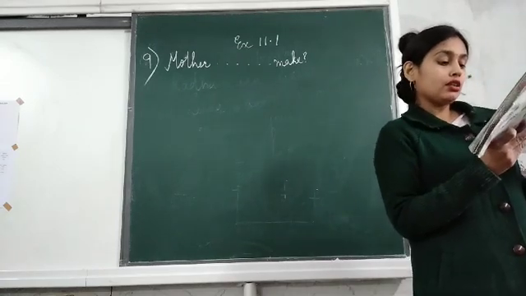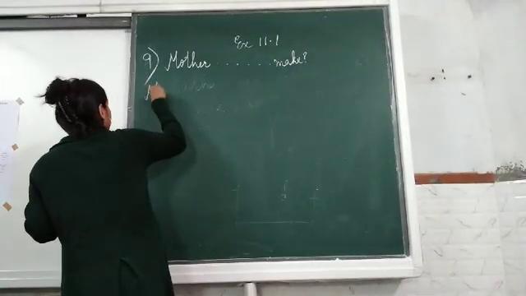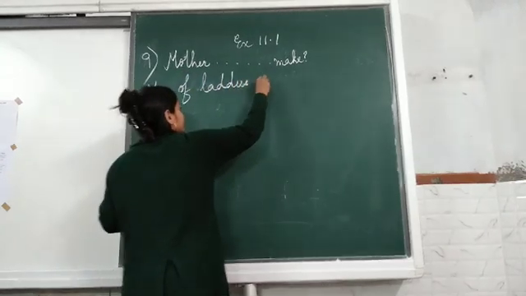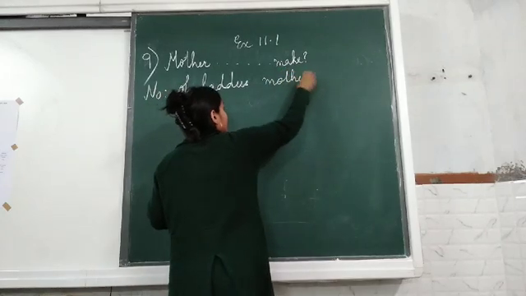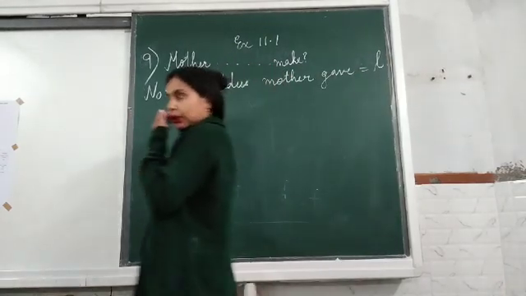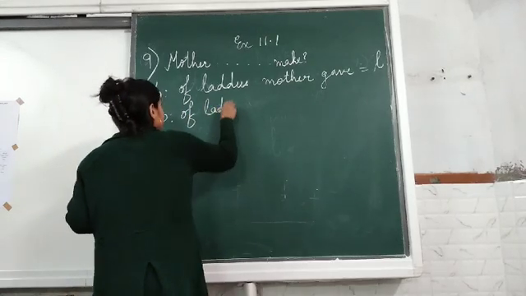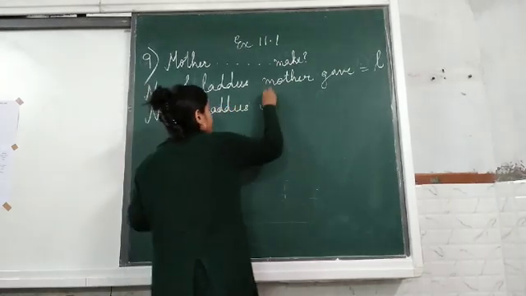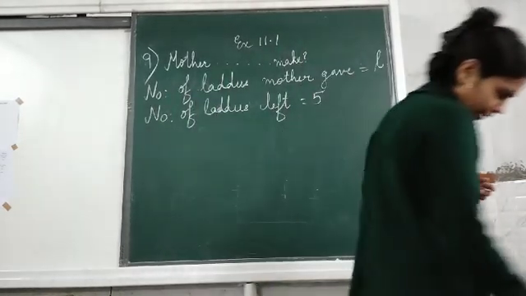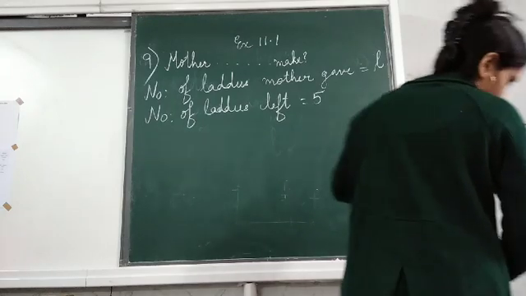The number of laddus mother gave is L. So the first statement will be: number of laddus mother gave is equal to L. And the number of laddus which are left? 5. Laddus remain.